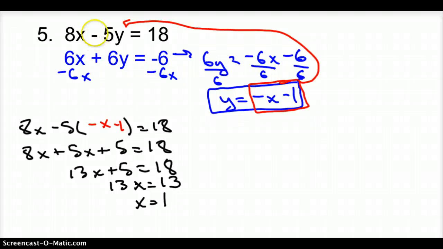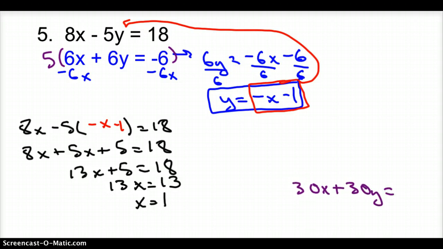elimination. Well, I like to work with 5s when I eliminate, so I would work with this guy. What would I have to multiply the bottom by? I would multiply the bottom by 5, and I'm going to write it down here to make it turn into 30x plus 30y equals a negative 30.